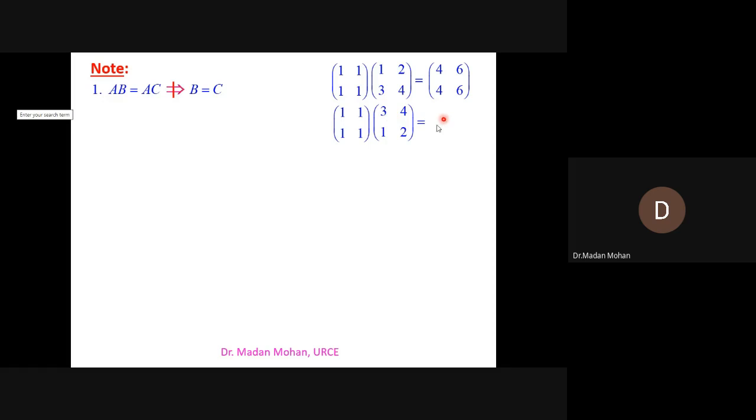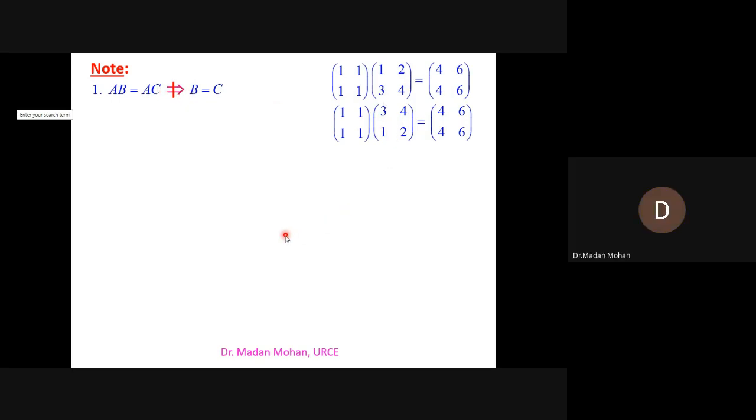What is the answer? 4, 6, 4, 6. Very good. Now what do you observe from it? AB and AC, both are equal, right? AB is this one, AC is this one. What about B and C? Are they equal? No, sir. So it fails.